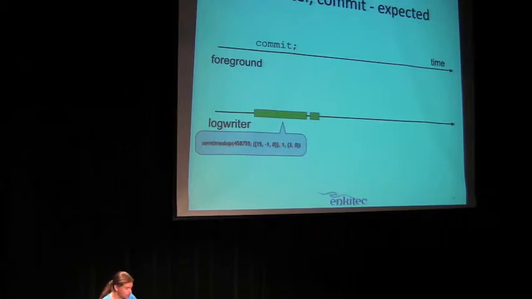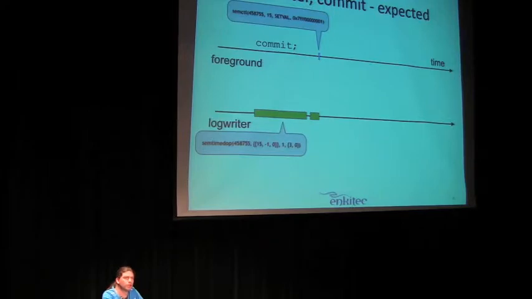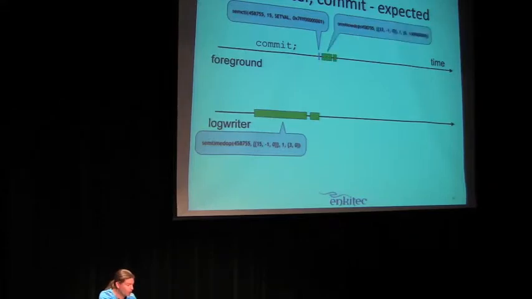I issue a commit, and when issuing a commit, what you actually do is execute a C function, and a system call called semctl, and semctl will message the logwriter, and I thought that my foreground process would go to sleep on the semaphore timed operation, because as long as the logwriter is busy doing stuff, it has no business to do anything else. So it will message it.